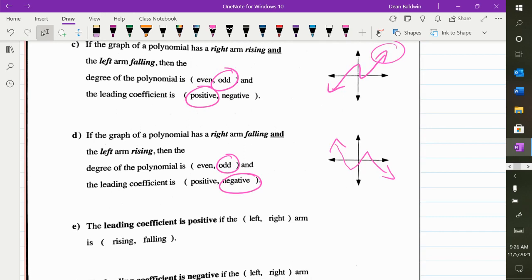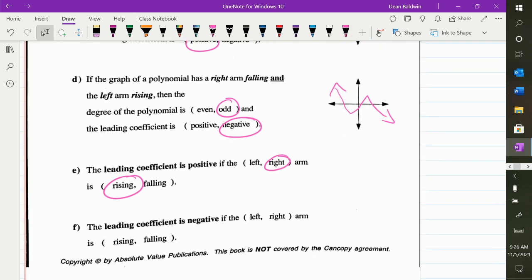So if the leading coefficient is positive, then the right arm is rising. The right arm is up. And if the leading coefficient is negative, the left arm is up. Either like that or like that.